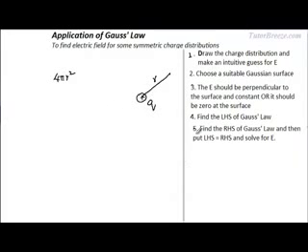Now the last step is find what is the charge enclosed by the Gaussian surface that you have chosen. Put the flux that you found in step 4 equal to the charge enclosed over epsilon naught. Now just see, and then you solve for E. Just see if you've got this answer.